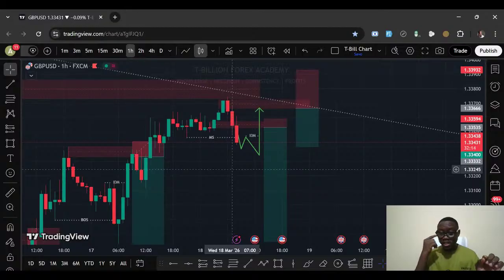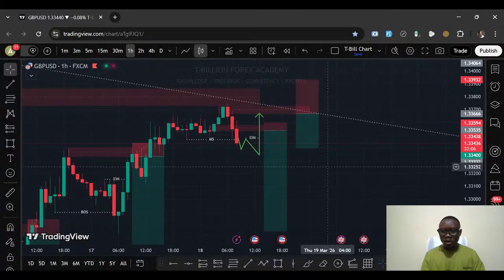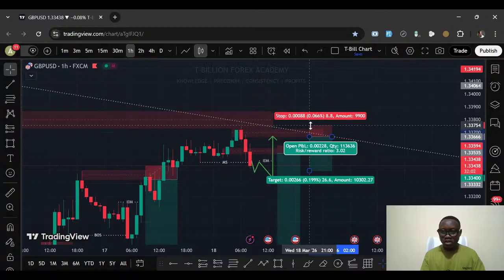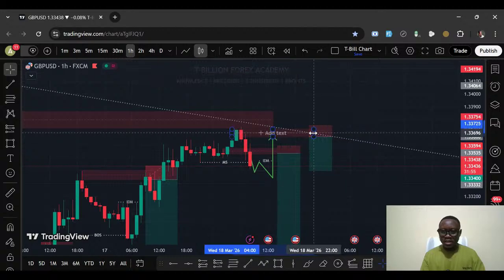Do not chase price, as I've always said. Wait for price to come to you, and react to the price action the market is printing. So this is what I'm anticipating, and if price did not do this, of course, I'm not taking this trade. I'll rather wait for a continuation pattern.